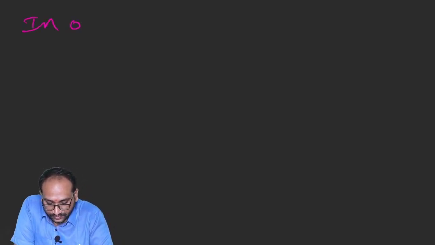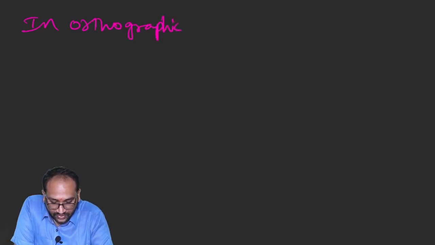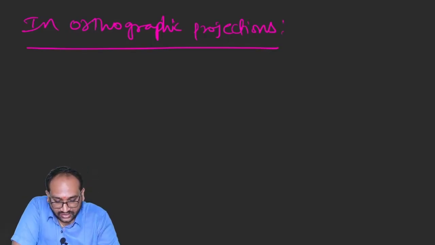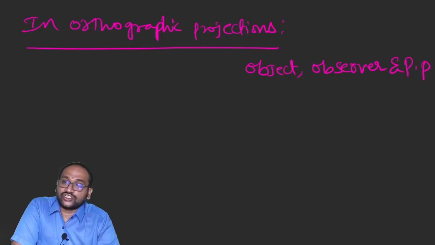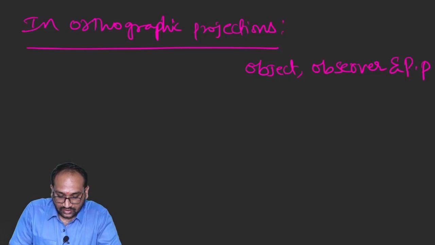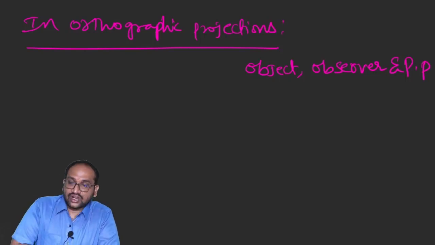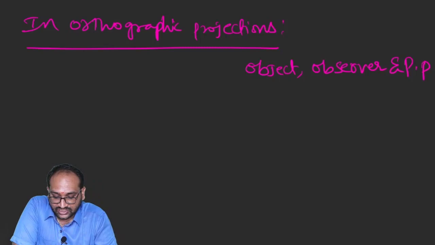Now coming to first angle projection. In orthographic projections, we require three essential things: object, observer, and plane of projection. In orthographic projections, we have different angles of projection.